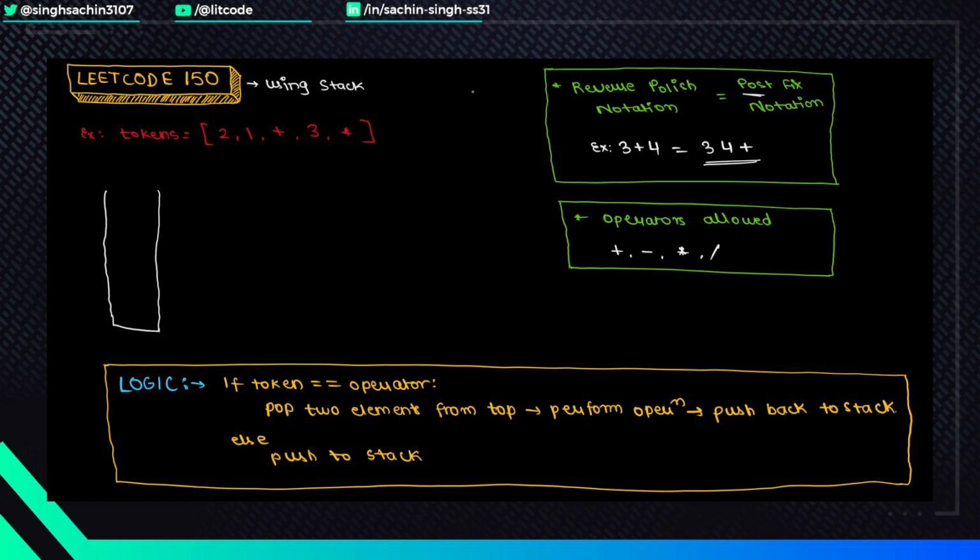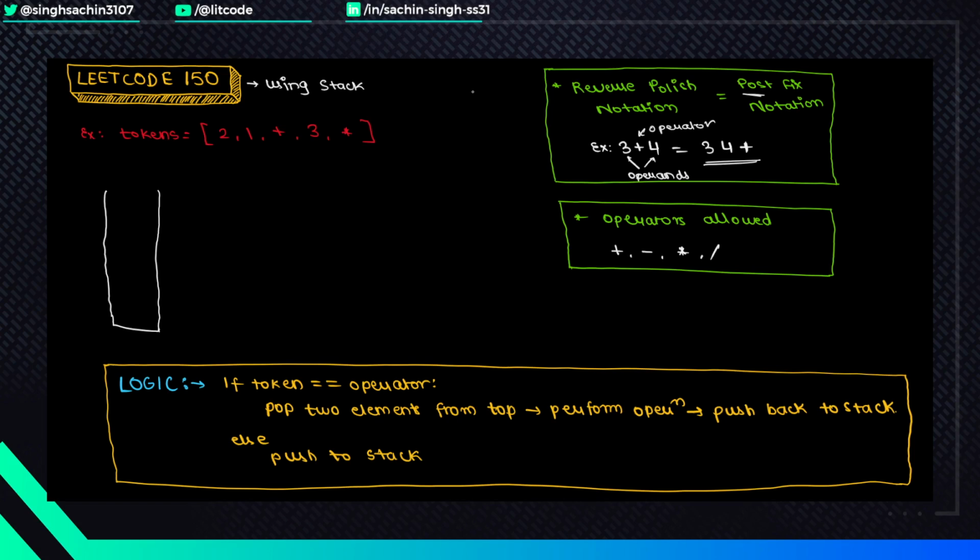Here, plus is the operator, and these two are the operands. In postfix notation, the operator comes after the operands. For example, 3 plus 4 will become 3, 4, and plus. So this is what we call a reverse Polish notation or postfix notation.